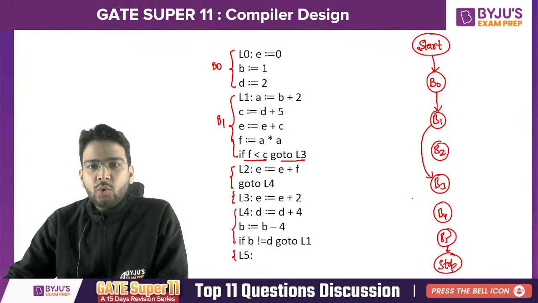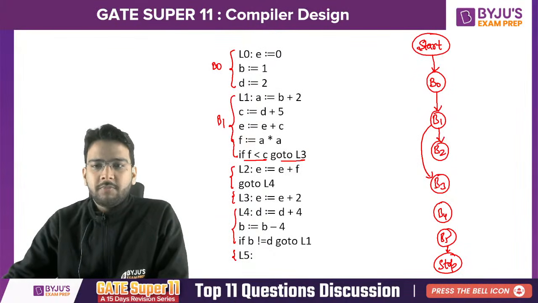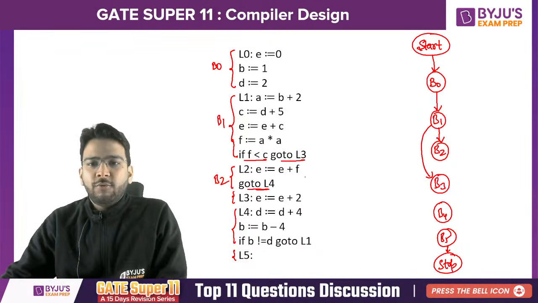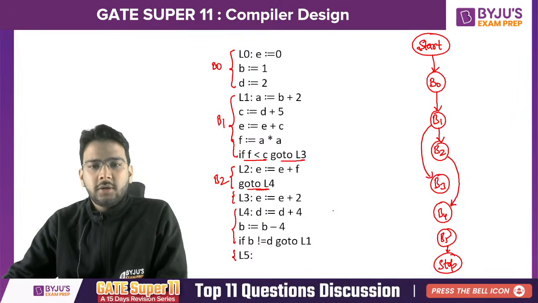But if it is not true, in that case you have to go to B2 only, correct? Now in B2, you have one statement: go to L4. That means this is unconditional. You have to go to L4, that means to B4 from B2. So we have to make the transition from B2 to B4, correct?